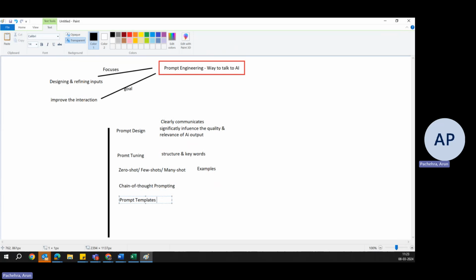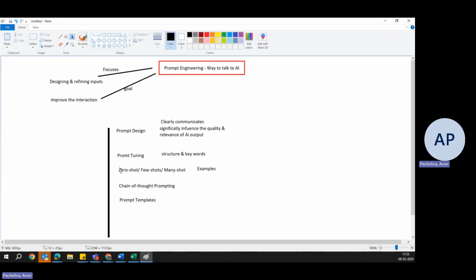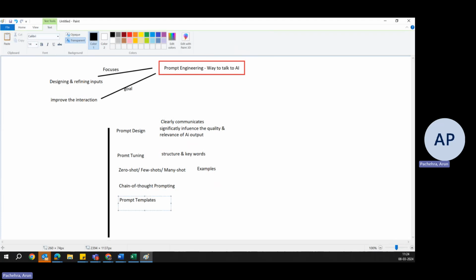Templates provide a standardized way to structure prompts for specific kinds of queries or tasks, ensuring consistency and efficiency in obtaining useful responses. Rather than creating a lot of examples from scratch or providing a proper structure in a different way for the desired output, people can create templates. That's another aspect that can be done for similar kinds of tasks or questions. All right, so keep that in mind.